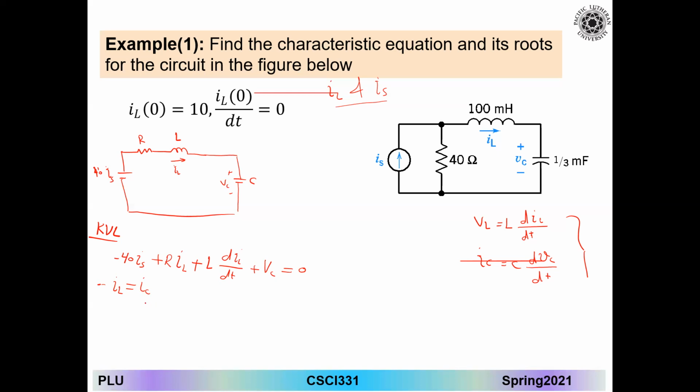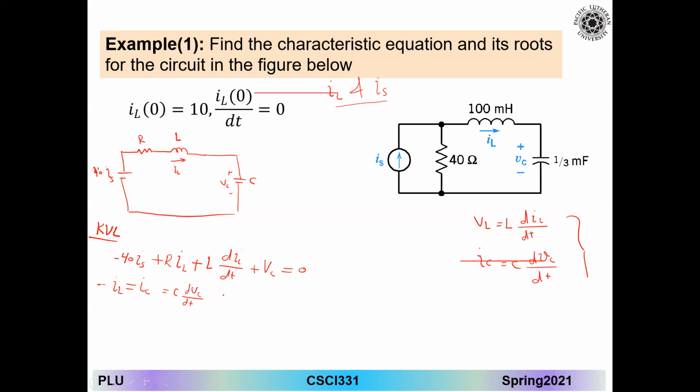Yeah. Great. Now, let's go for the IC. Where is the IC? So that means it equals C dV by dt. You agree with that? So now IL equals C dV by dt. You agree with that? But now what I am looking for is the VC, not the first derivative of the VC. Right?